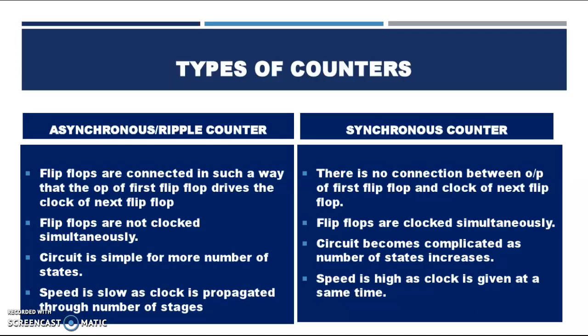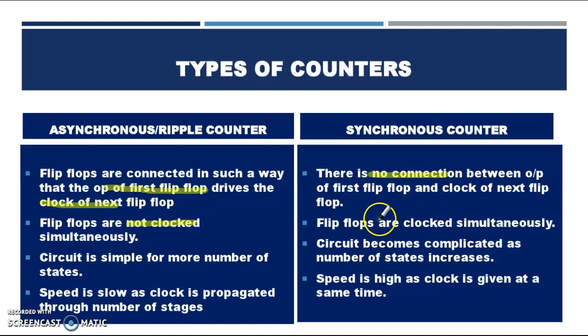Before jumping into the ripple counter, let's get familiarized with the terms synchronous and asynchronous or ripple counter. In a ripple counter, flip-flops are connected in such a way that the output of the first flip-flop drives the clock of the next flip-flop. In a synchronous counter, there is no such connection between the output of the first flip-flop and the clock of the next flip-flop; the flip-flops are clocked simultaneously.